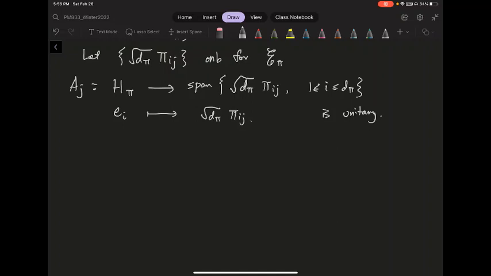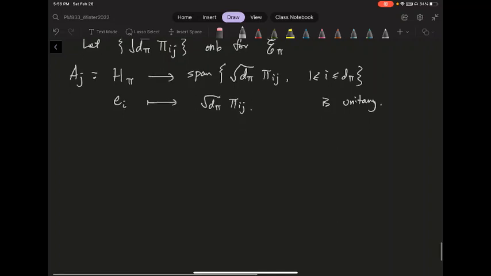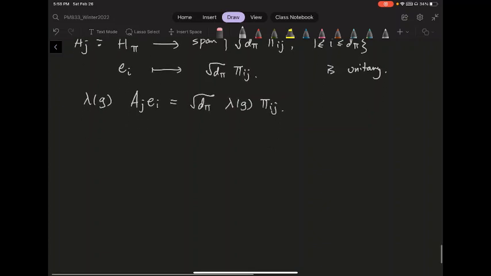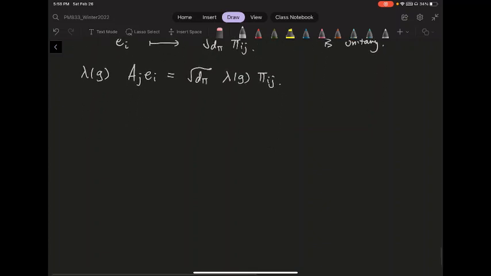Let's consider how lambda g acts on the range of these A j. If I apply the left regular representation lambda g to A j on e i, by definition I have the square root of d pi times lambda g applied to pi ij. So how does left translation apply to pi ij?